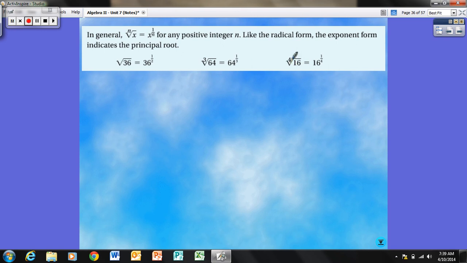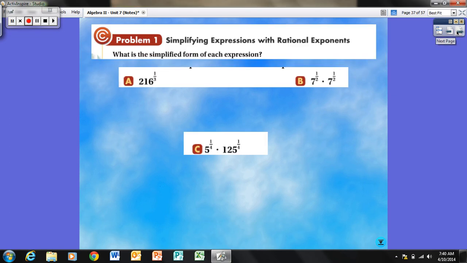Same thing over here. If I have the fourth root of 16, same as 16 to the 1/4. So we'll continue to talk about this a little bit more, but the denominator of the fractional exponent is always the index. And let's do some practice problems with that.